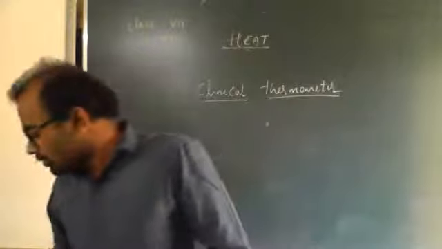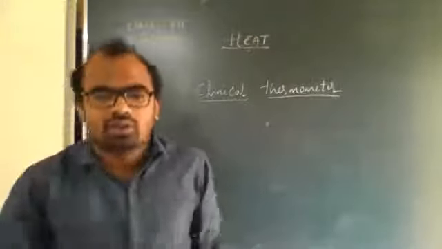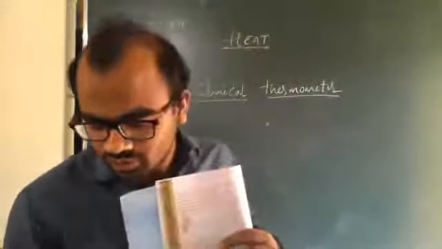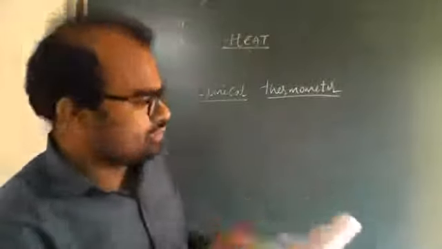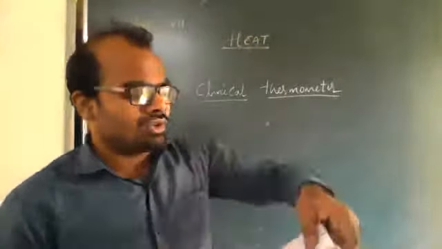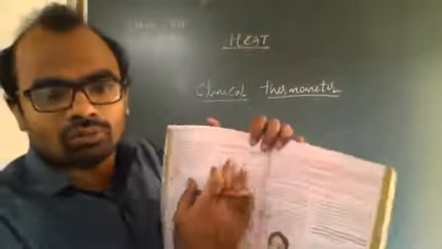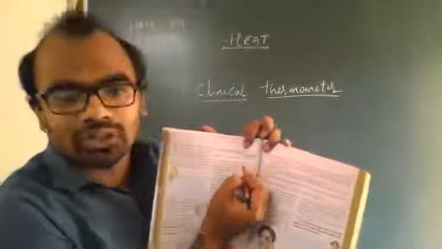If you do not have the book ready, I will show you. If you can observe here in this diagram, the clinical thermometer is present. Here we call it the clinical thermometer.